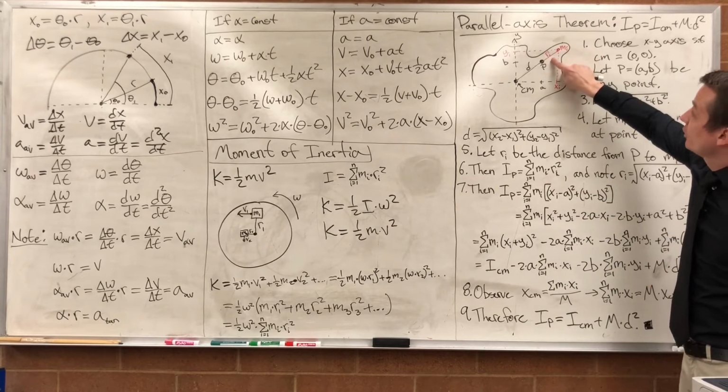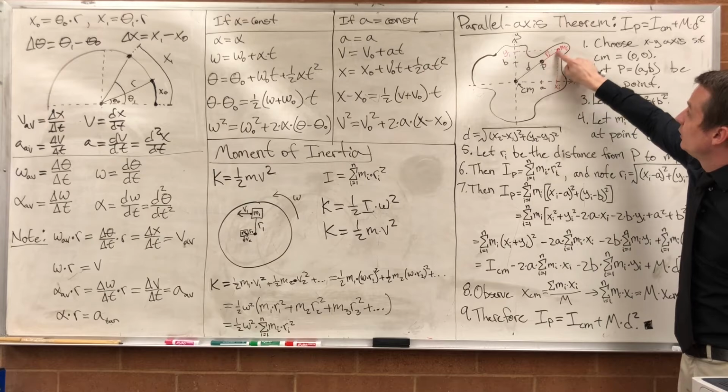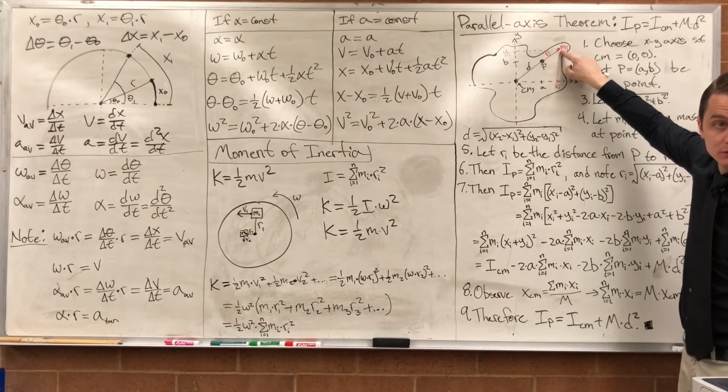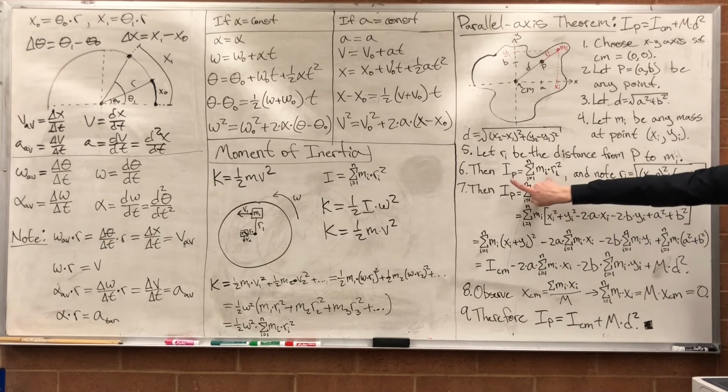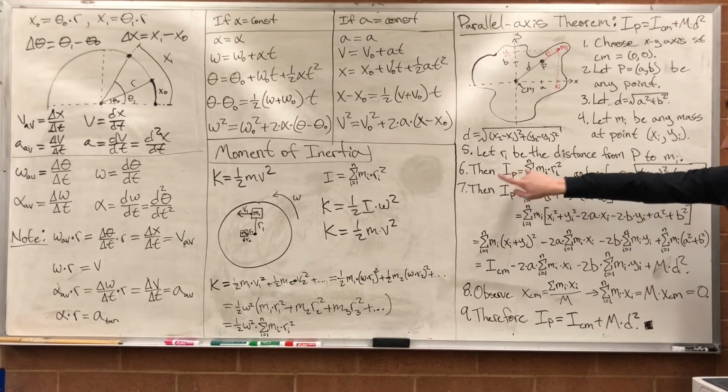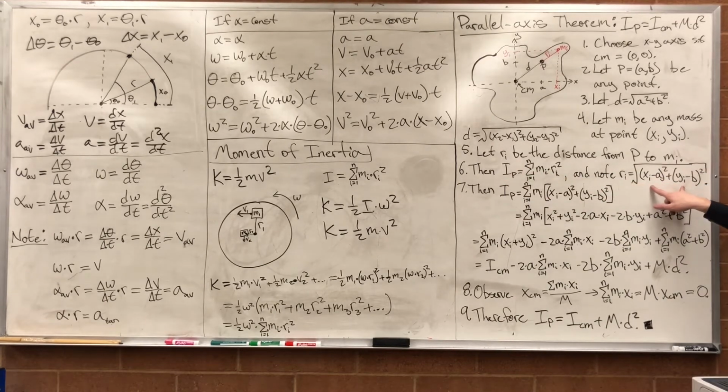Remember, r sub i is the distance from P to m sub i, so r sub i is the square root of (x2 minus x1) squared plus (y2 minus y1) squared. Good? So that's our definition of the moment of inertia around P. Side note, r sub i can be rewritten this way.